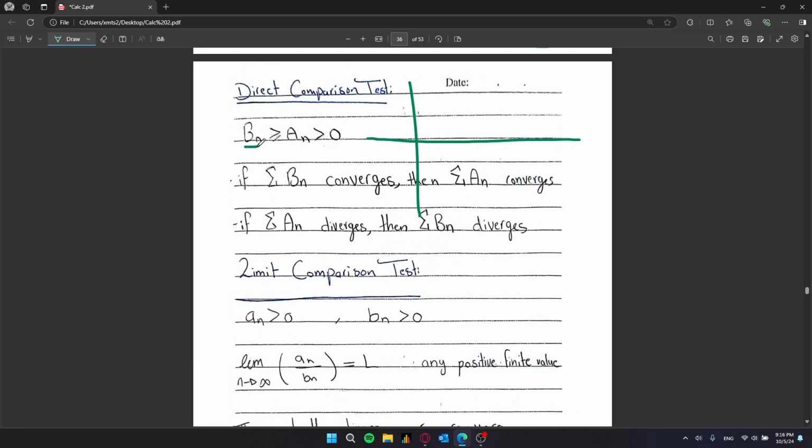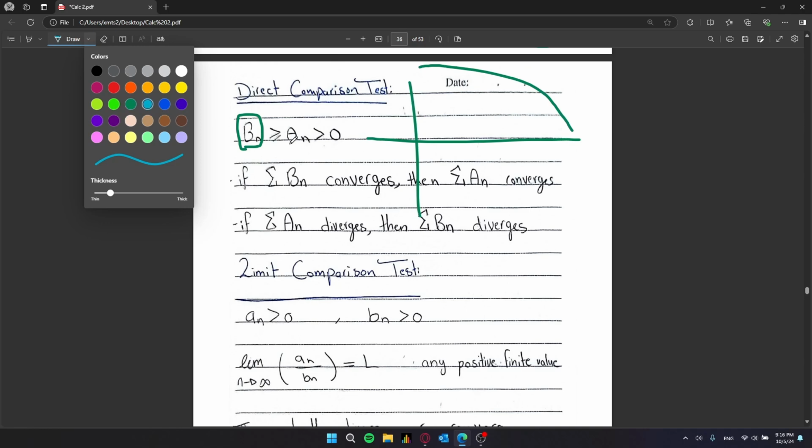Let's say that b of n, and they both have to be greater than 0, is this in green. Let's say that b of n converges, and we know for certain that b of n is greater than a of n.